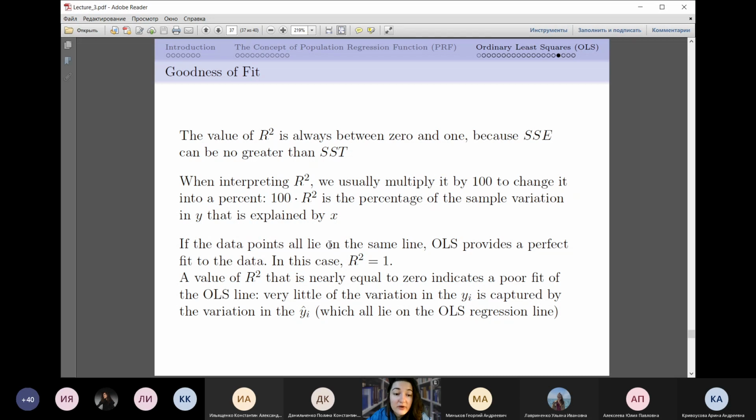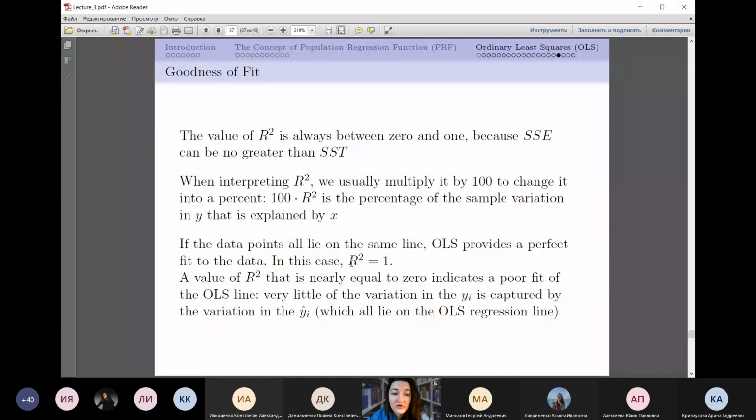And it's obvious, this is an abstract situation: in real life, it's hard to imagine that all the points will lie on the same line. But if all the data points lie on the same line, it means that R squared equals 1.